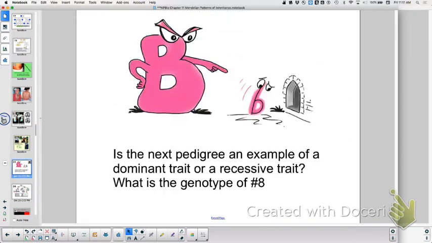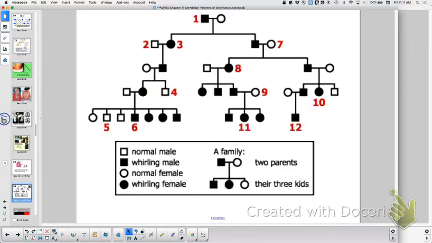In this case, I'm asking you, what's the genotype of number 8? First, you would make the assumption it's autosomal dominant, and you would have to check it if they asked you a question like this. Then how would you find out the genotype of 8? If it is dominant, then individual 8 has to have at least one big A. Do you agree with me on that?